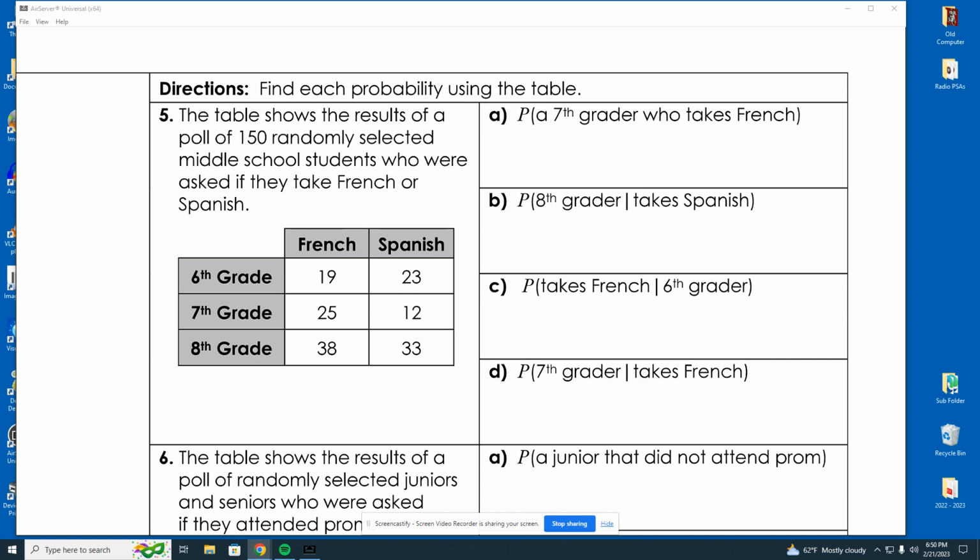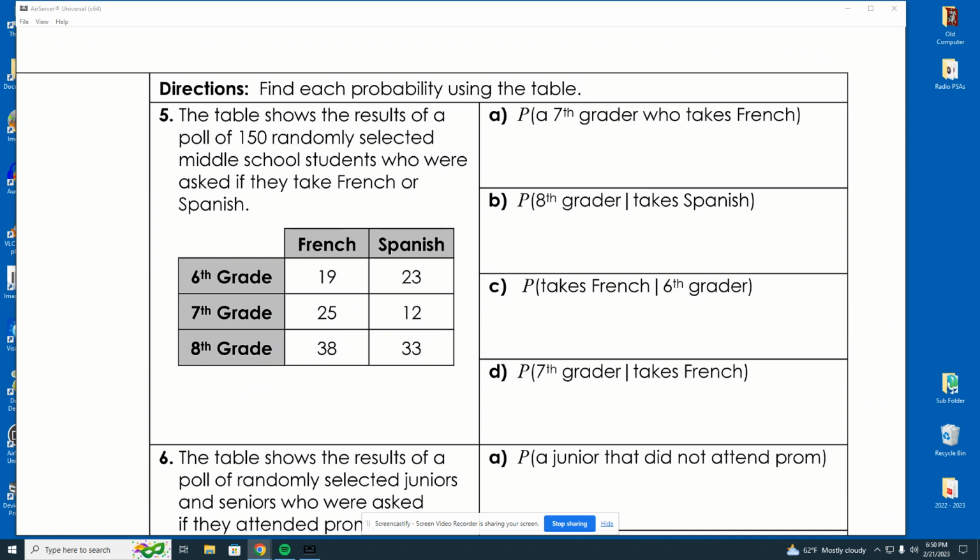It says here, the table shows the result of 150 randomly selected middle school students who are asked if they take French or Spanish. So you got French, you got Spanish, you got 6th, 7th, and 8th graders. It says, what's the probability a 7th grader who takes French? Again, do you see a given that? You see no given that.